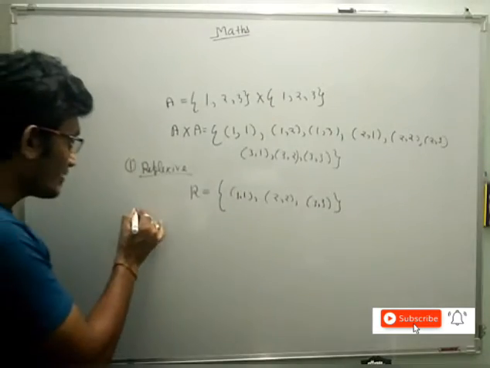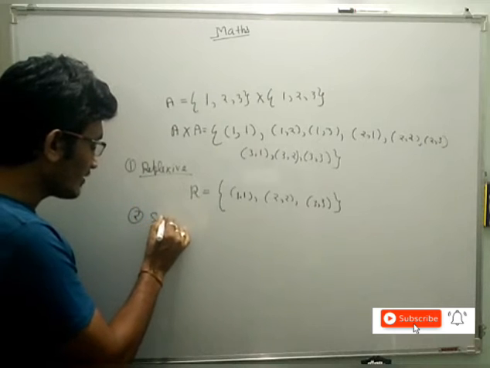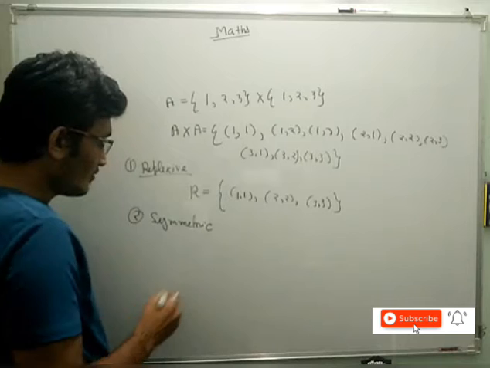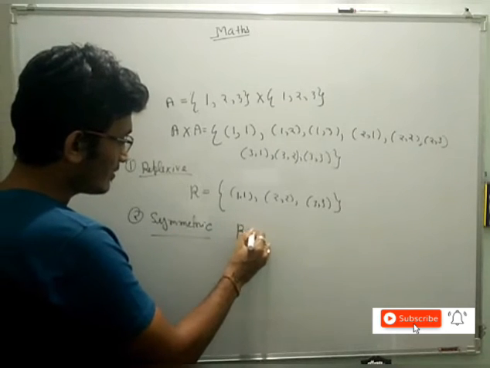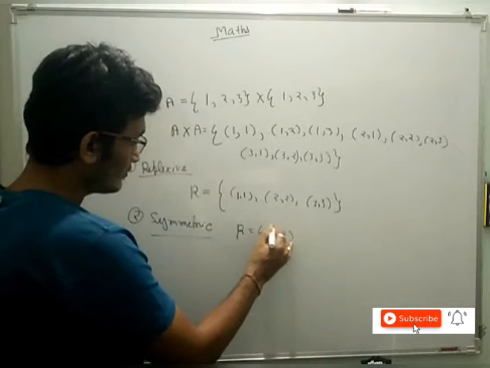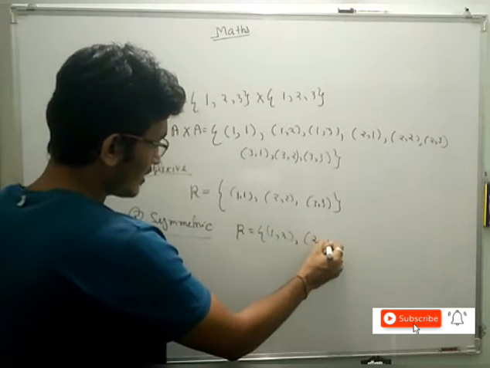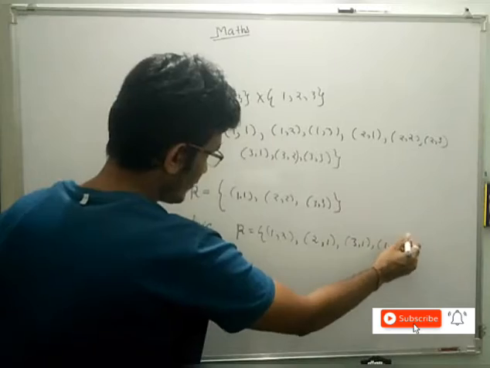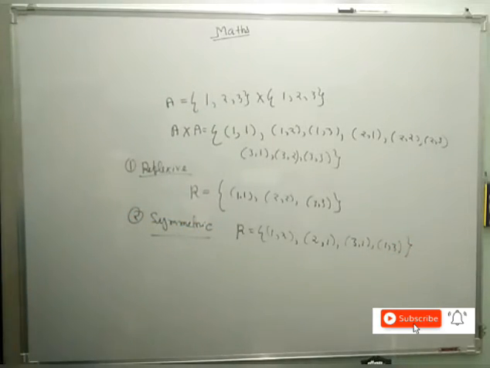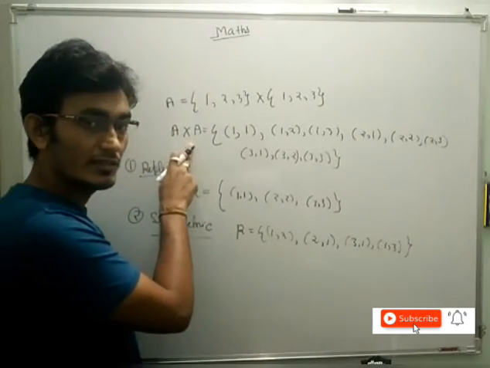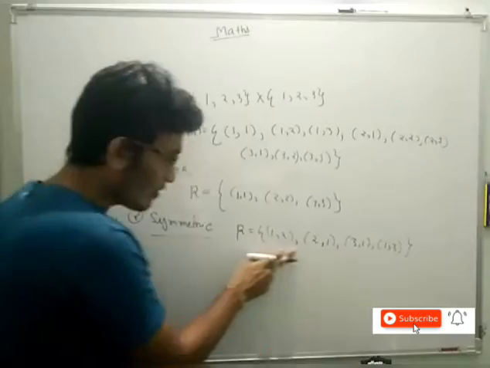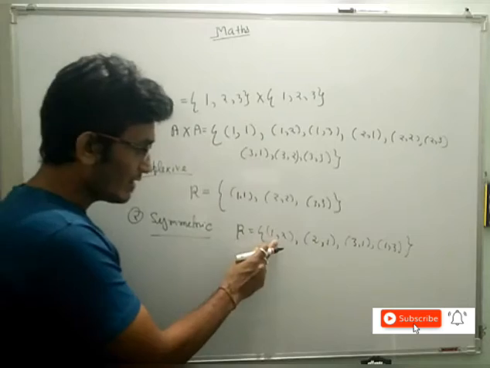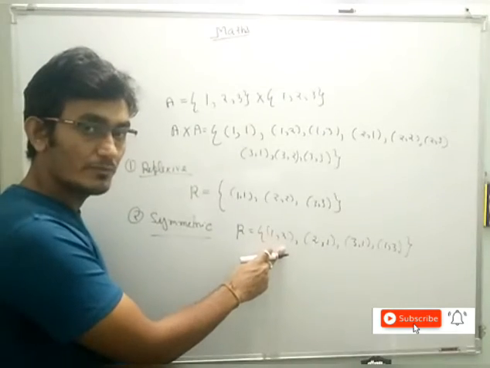Next, move to the symmetric relations. How can you define a symmetric relation? Once again, take one example. Suppose R equals (1, 2), (2, 1), (3, 1), (1, 3). Now here also R is a subset of A cross A. While observing the elements, the first ordered pair is (1, 2).